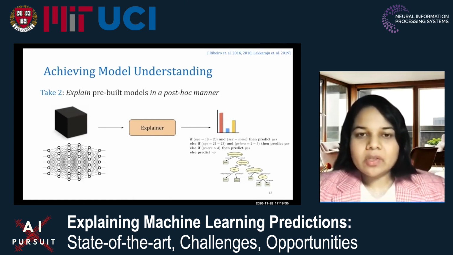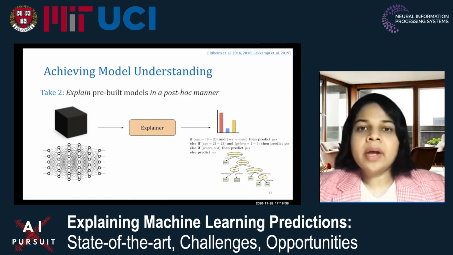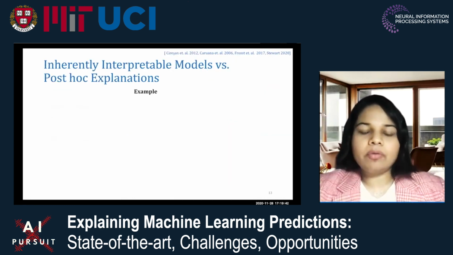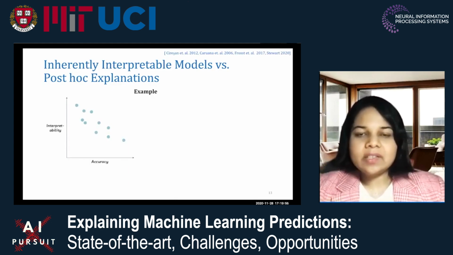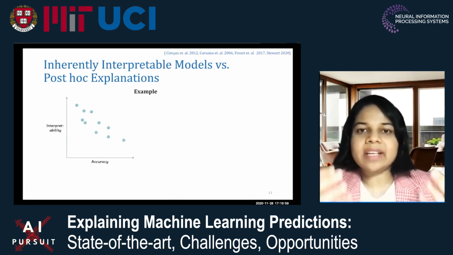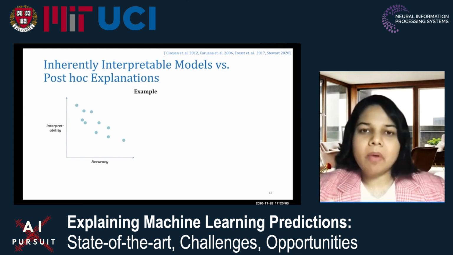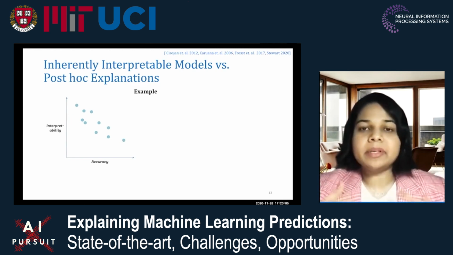Now, the next big question is to basically think about when to use which of these approaches. So, when to go for inherently interpretable models versus when to go for post hoc explanations. To answer this question, let us consider an example. Let's say we are in a setting where accuracy-interpretability trade-offs actually exist. For example, what we observe is that as we make our models more and more complex, we are able to get higher and higher predictive accuracy.